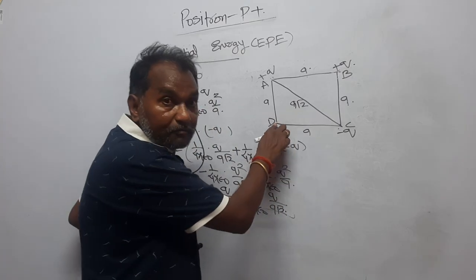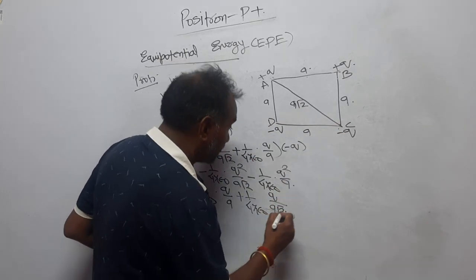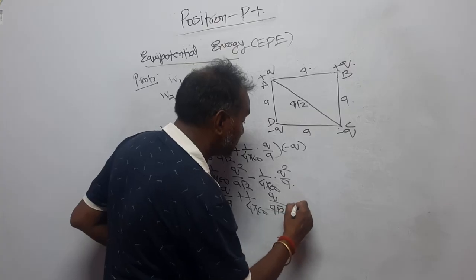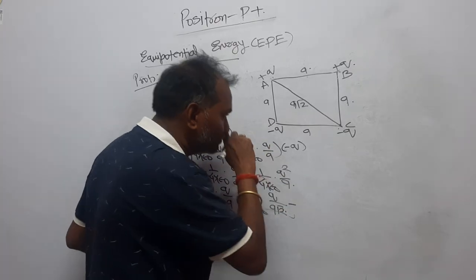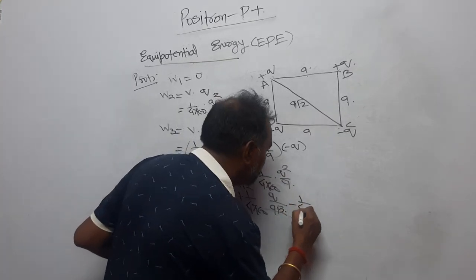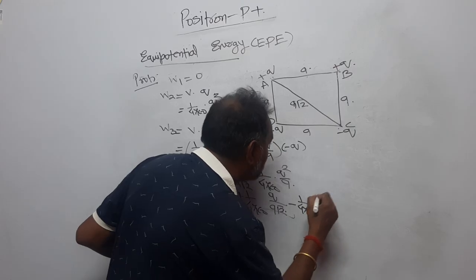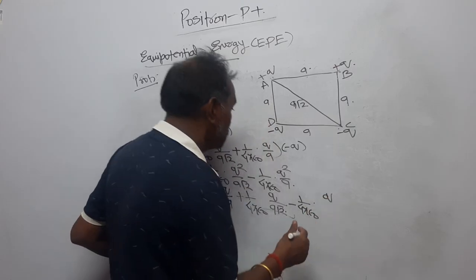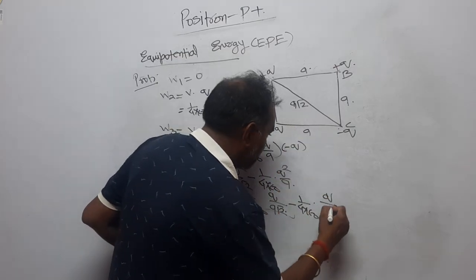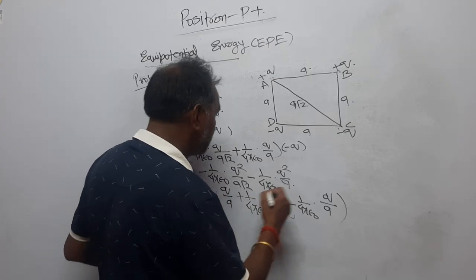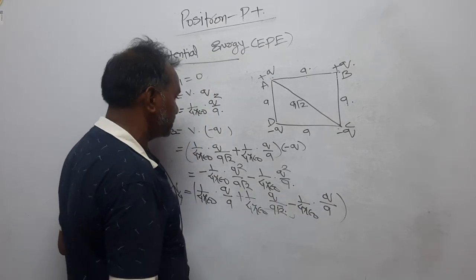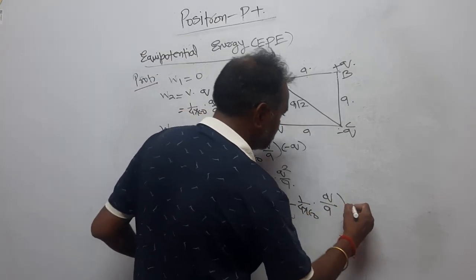And potential at point D due to this negative charge would be negative, minus 1 upon 4 pi epsilon naught Q upon A, multiplied by the charge you are bringing here, this is minus Q.